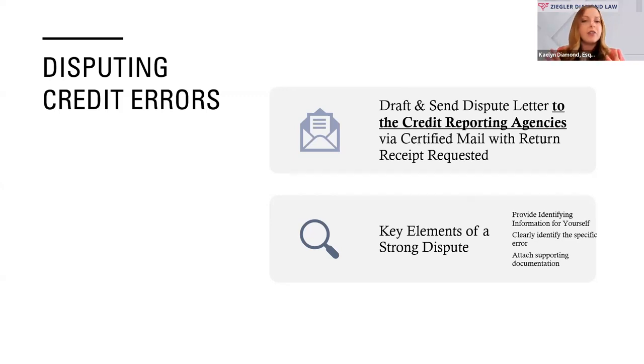The key elements of a strong dispute include identifying information for yourself. What we have found is if you don't have appropriate identifying information for yourself in the dispute letter, the credit reporting agency either will not respond to you, or if they do respond to you, they'll tell you they were not able to identify your credit file.